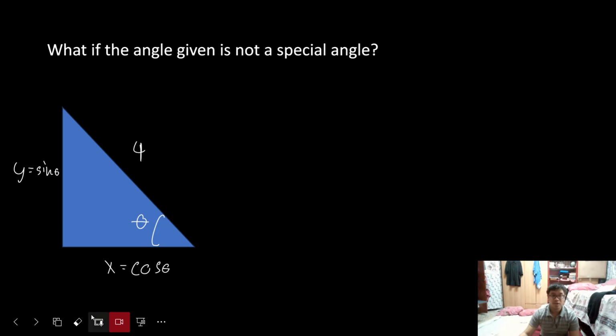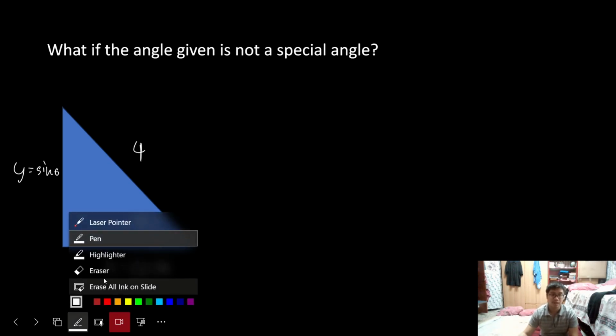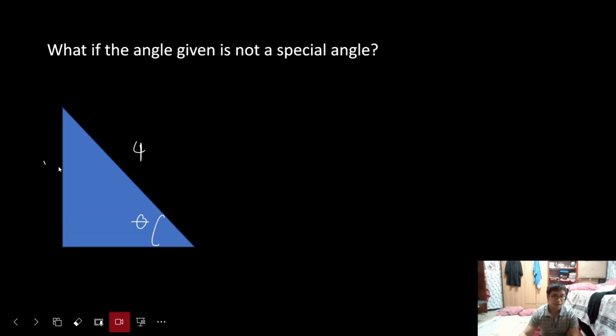In a unit circle, your hypotenuse is always 1 unit. This one, on the other hand, is not 1 unit, rather it's 4 units. So how will you find the x and y components? Recall that to get your x component, then your y component, you will be using what?